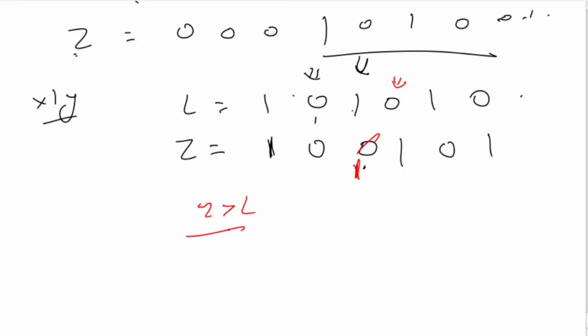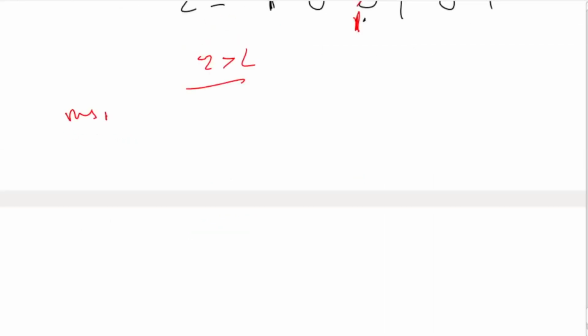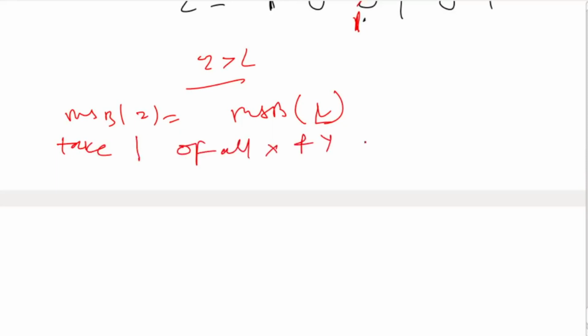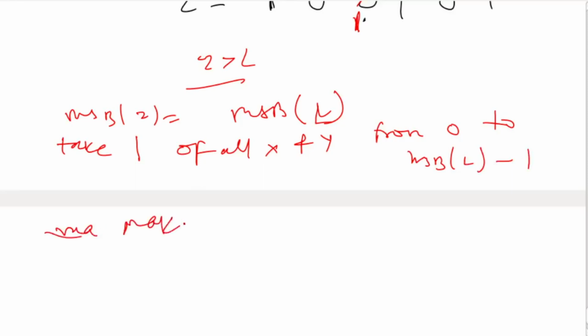Okay, so our first step is to set MSB of Z equal to MSB of L, and then take OR of X and Y from 0 to MSB of L minus 1, and then make Z greater than L. These are our 3 steps in this third option.